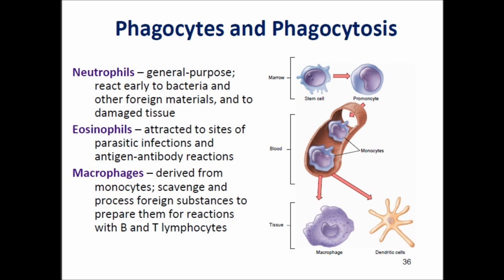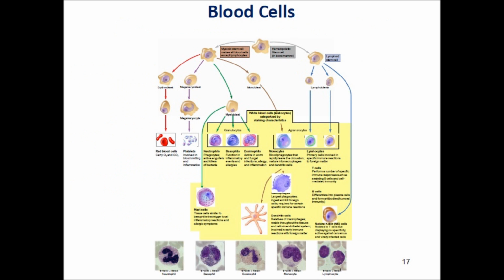And just so you remember, you have a pro-monocyte. So this is how the macrophages come into existence, and you can see that again if you go back to your white blood cell page. You have a stem cell in the bone marrow, and the pro-monocyte is the next step, and then these go through the blood and develop into macrophages and dendritic cells in the tissue.